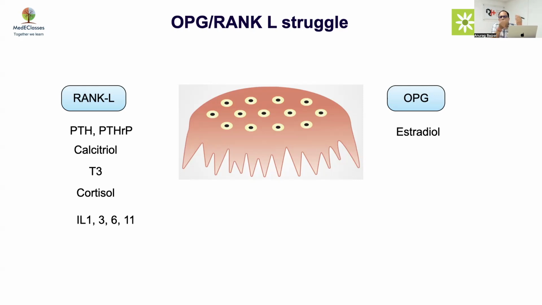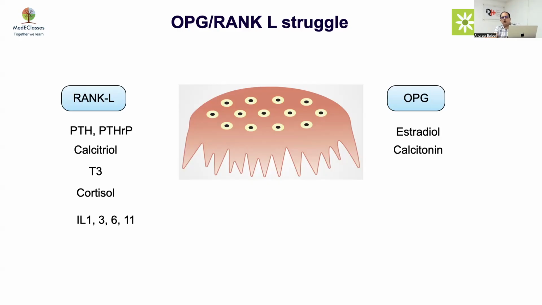So every female will have the menopause. No, but if you talk about how many people have osteoporosis, most common will be females. 90% are female. So the major factor is estrogen deficiency, and estrogen deficiency is basically causing less amount of OPG, which basically means your osteoclasts are going to work more.